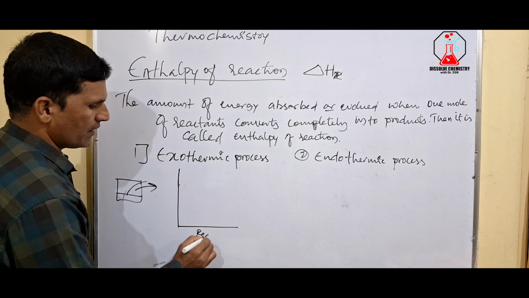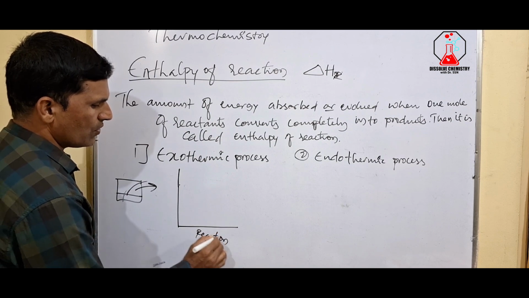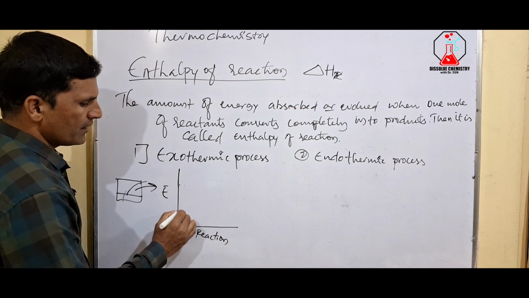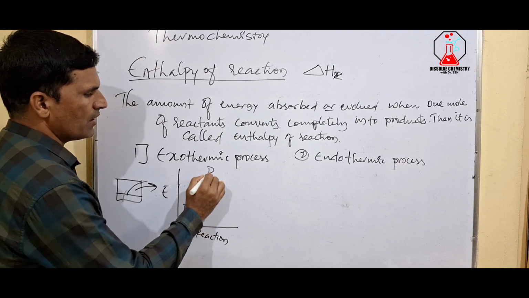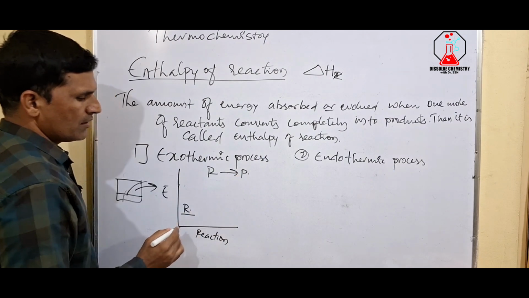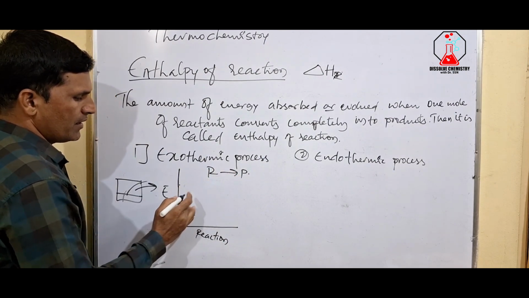So this is the reaction coordinate, and energy we take on the other axis. If the reactants have, say for example, this energy, R is going to give the products, so we will take it a little higher.